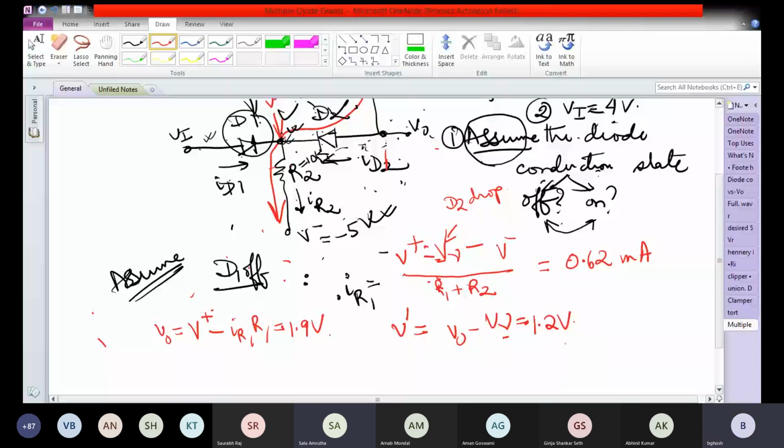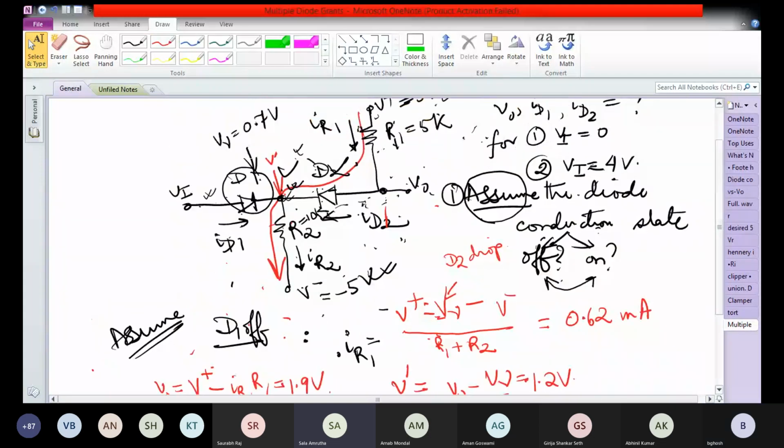So V prime is 1.2 volt, and our Vi was 0 volt. We are doing this for the case where Vi is 0. That means diode D1 is indeed turned off, because the N side is connected to 1.2 volt and the P side is at 0.